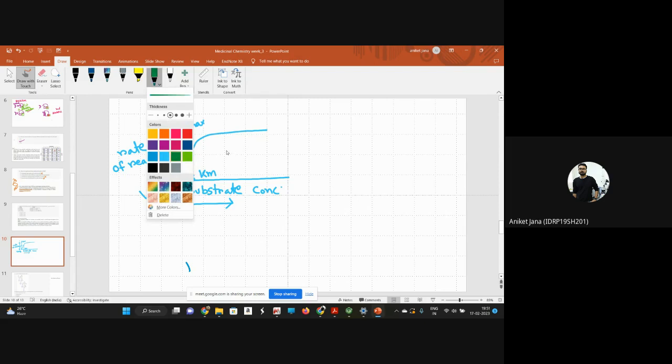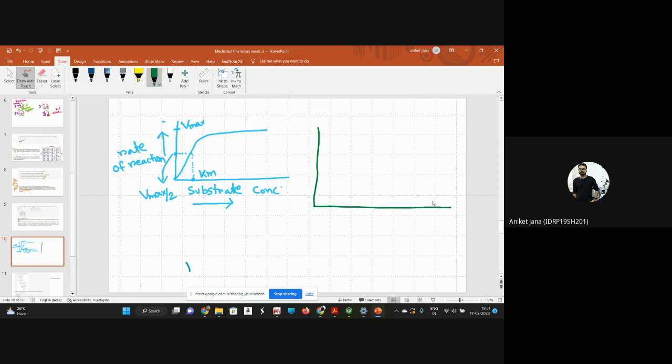Okay, so let's take the different types of reaction here. So this is the normal enzyme, and this is the competitive inhibitor.